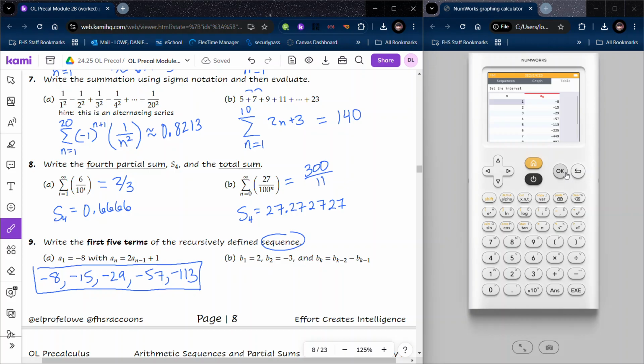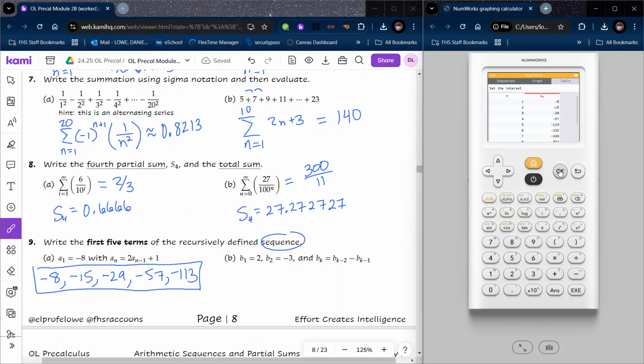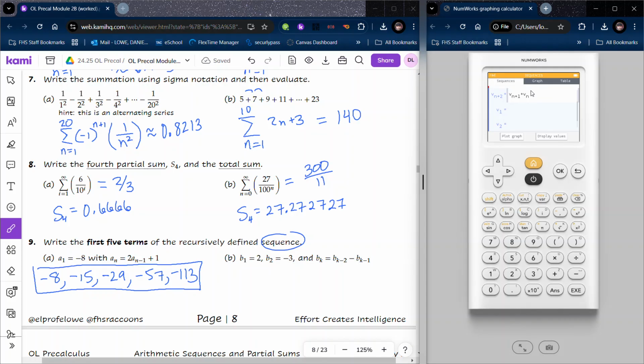If I look at part B, that recursive definition is going to be a second order because we have 2 terms to start off with. And we say, okay, well, what do I have? I have to be careful. My term is going to be based on the term just before it, plus the term before that.